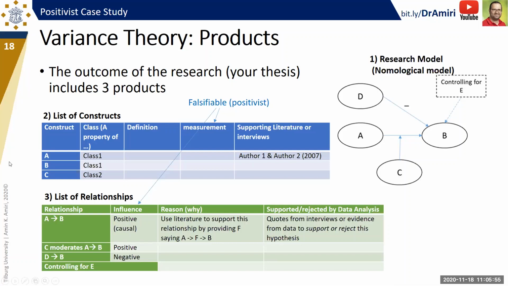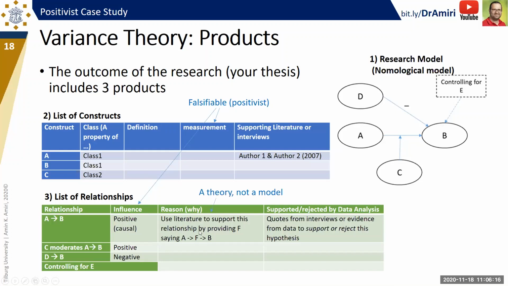So keep that in mind. Measurement and influence is important. If you don't provide these measurements, these influences, then you can call your theory an interpretive theory. And this is a different story. You need to do so many different things for that.